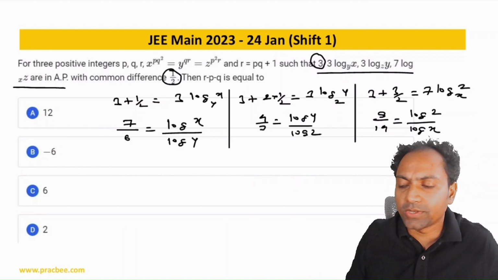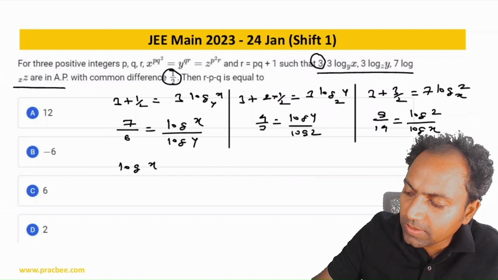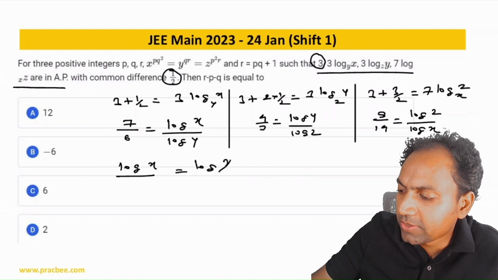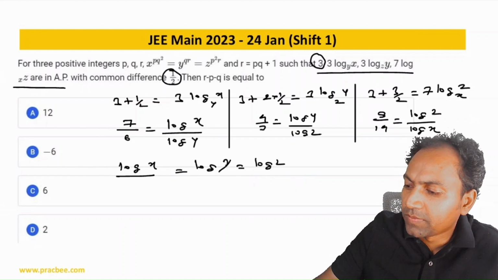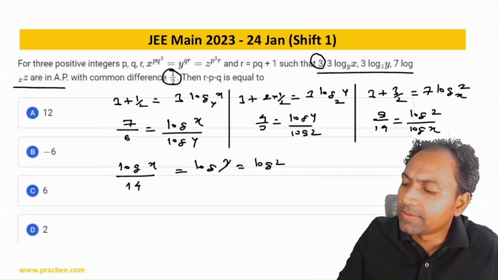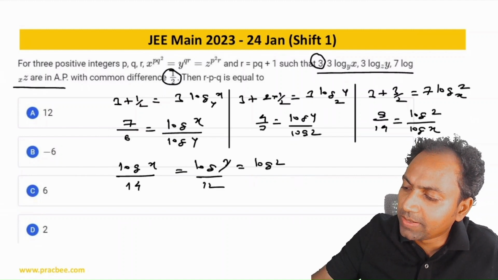Now, if you look into this, your log x, log y, log z can be written in the ratio of nothing but 14, 12, and here nothing but 9.